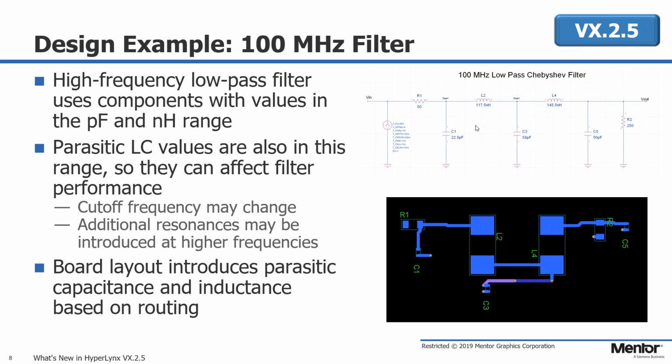So this is an example right here, a 100 megahertz low pass Chebyshev filter. Being a filter, you're sensitive about the values of the inductance, the capacitance, the resistance of the circuit, and of course the transmission lines have some of those values, and typically they're being ignored, and so we want to get that into the simulation itself.